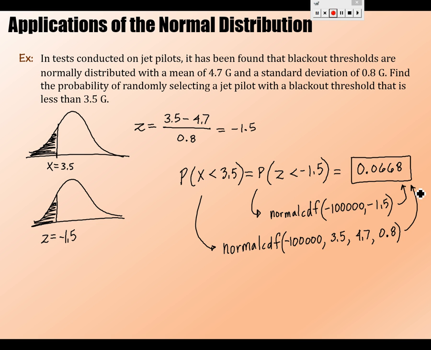Another thing you have to worry about on these, though I think it's not a huge problem: say you use negative 100 here instead of negative 100,000. That's sufficiently like negative infinity, isn't it?